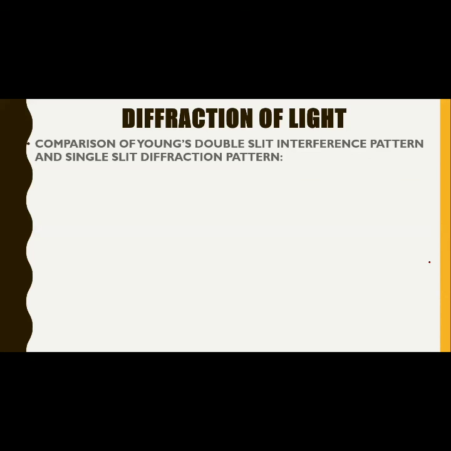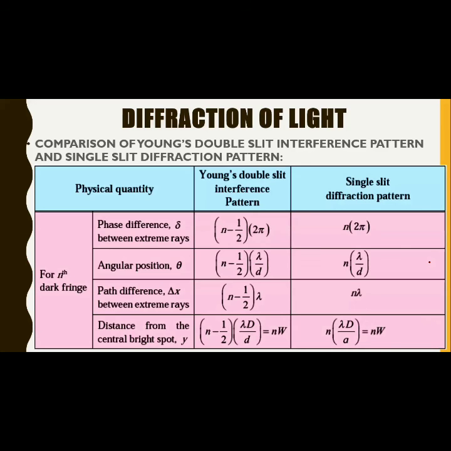Again, a similar type of formula for phase difference, angular position, path difference, and distance from the central bright spot. You have the formulae for the double slit interference pattern as well. This again I have taken from your textbook. Again, if you notice, you will find some similarity. Now, exactly opposite to the previous, you have over here.